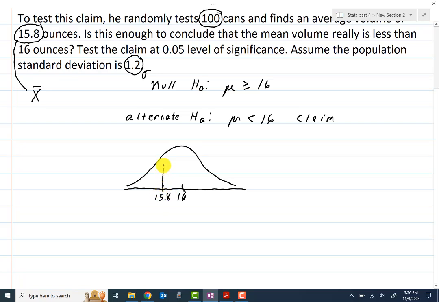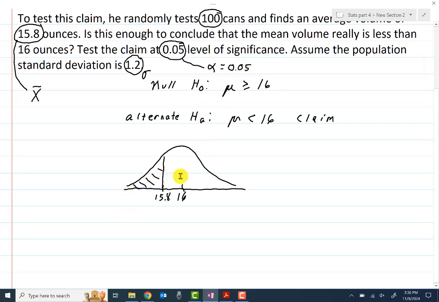We're going to look at the area of the region to the left of 15.8, and compare that with the 0.05, which I haven't mentioned yet. This level of significance always goes by the name alpha. We're going to compare this region with alpha.